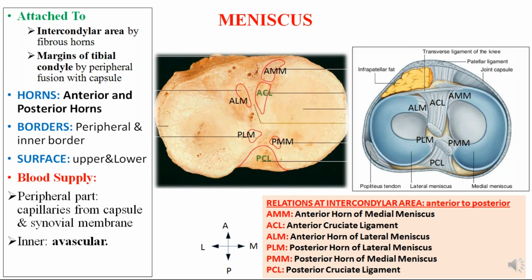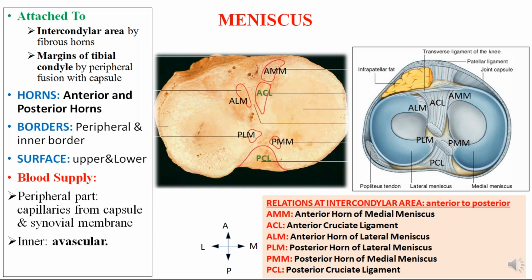To remember these attachments, you just simply see this picture and remember that the medial femoral condyle and medial tibial condyle are longer anteroposteriorly as compared to the lateral one on both femur and tibia. So the meniscus on the medial side would also be longer anteroposteriorly.